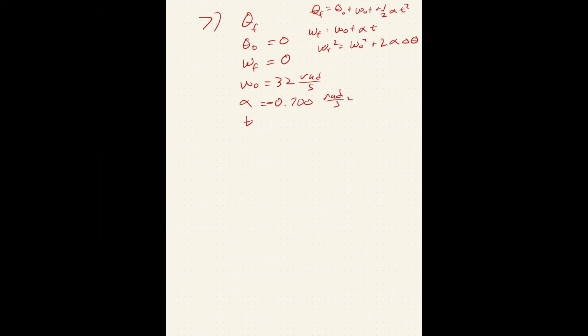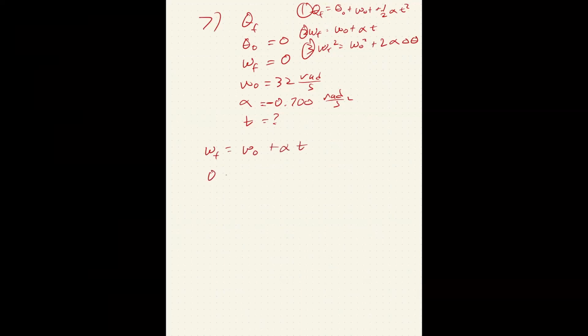All right, the first question was, how long does it take to come to rest? So we're trying to find t. I have the omegas, I have alpha, so equation 2 is the logical choice for us. Equation 2 states omega F equals omega initial plus alpha t.